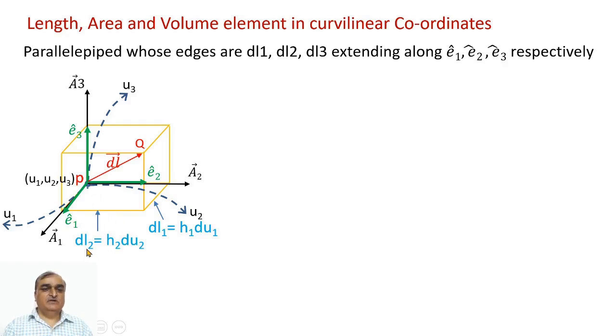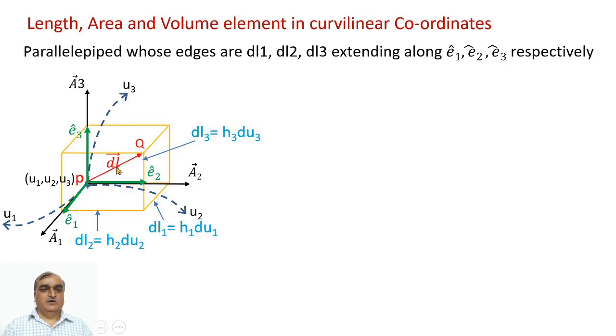The second component is dl2, which gives variation of u2, with direction given by unit vector e2. The third component is dl3, along the third axis, which gives variation of u3, and unit vector e3 gives the direction of variation.